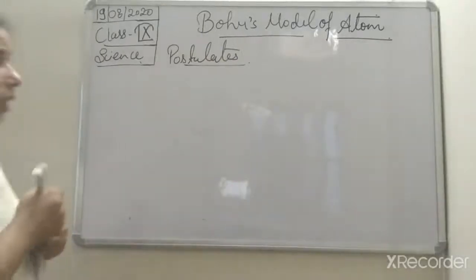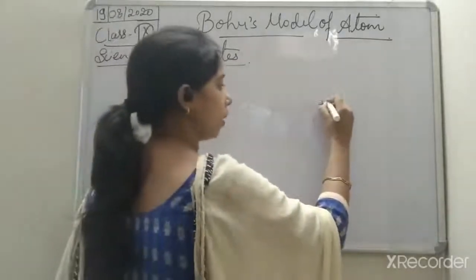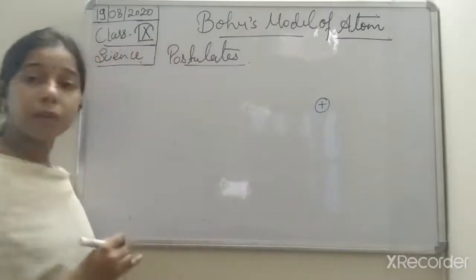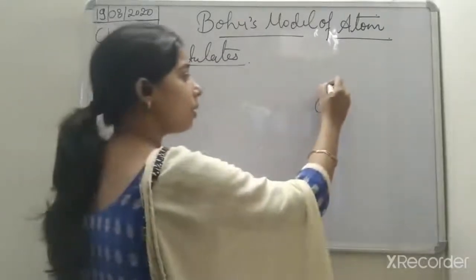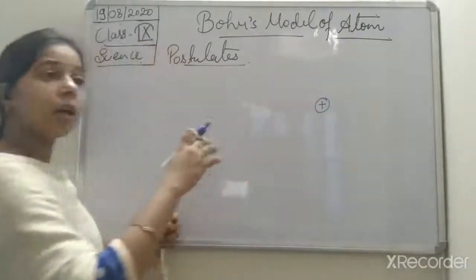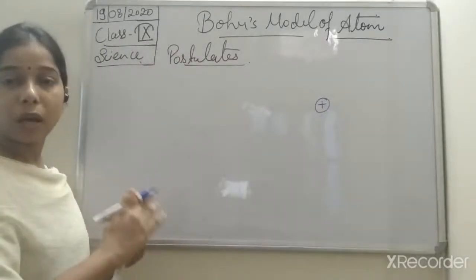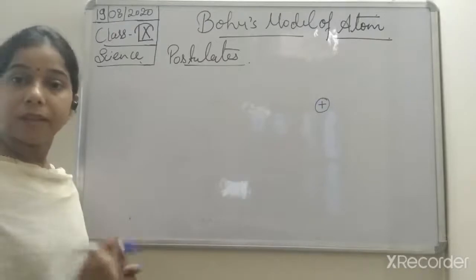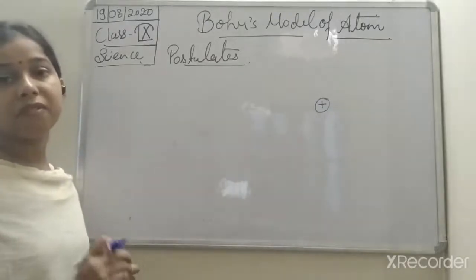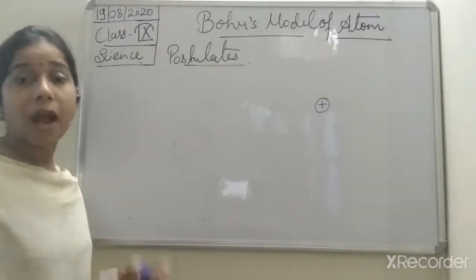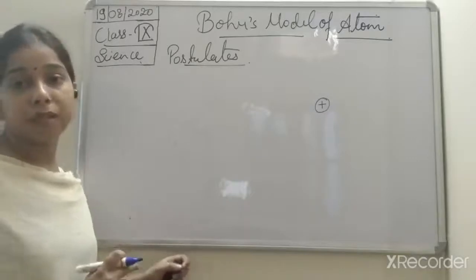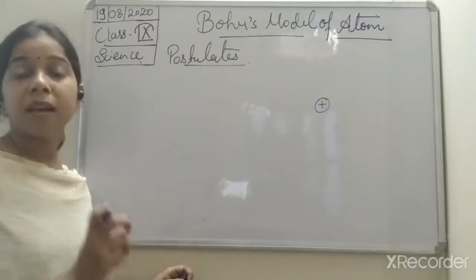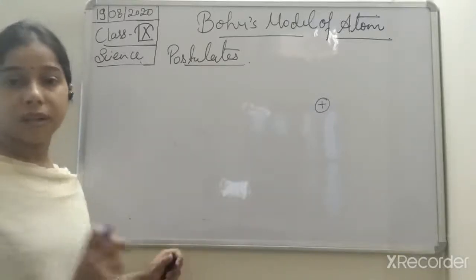You see here, if suppose this is a nucleus, okay. So what I want to say is that Bohr said that there are a lot of circular orbits around the nucleus where the electrons used to revolve. This circular orbit is having fixed energy, and that is why these circular orbits are also known as the energy shell or energy level.